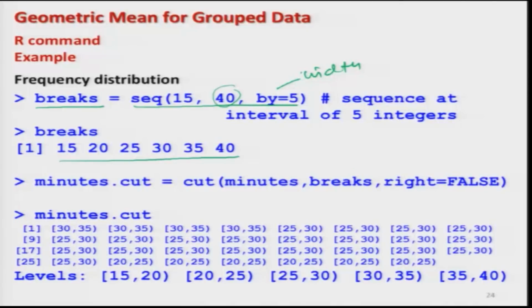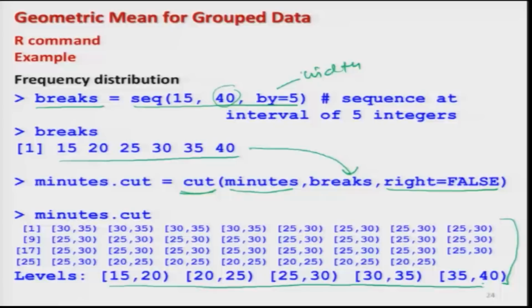Then I operate the command cut on the given data vector minutes using breaks, and the right intervals are going to be open, so right equal to FALSE. Once you do it, I get this type of data. You can see these are the class intervals that we have obtained.